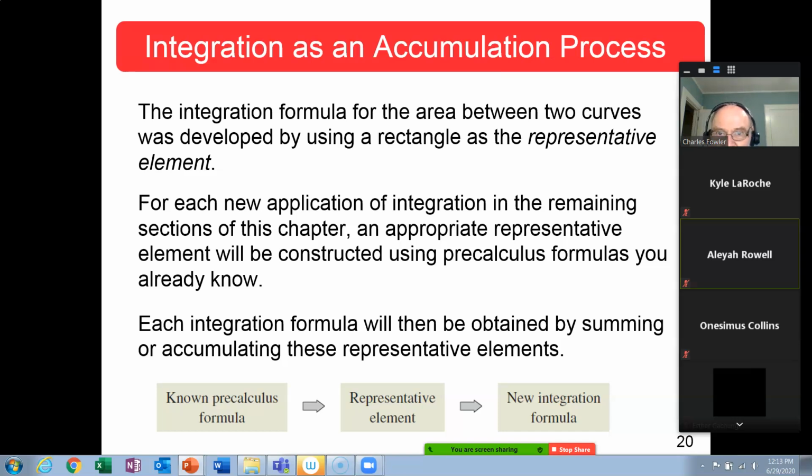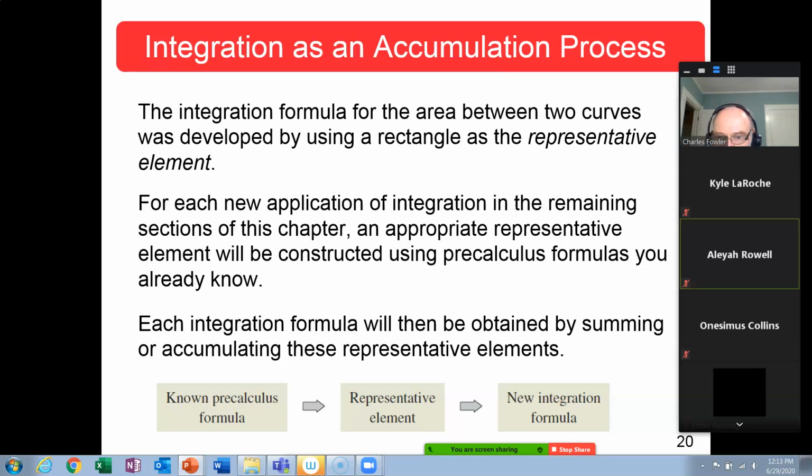The integration formula for the area between two curves was developed using a rectangle as a representative element, either dx or dy, remember? And then you had a rectangle so high or so long. For each new application of integration in the remaining sections of this chapter, an appropriate representative element will be constructed using pre-calculus formulas you already know.